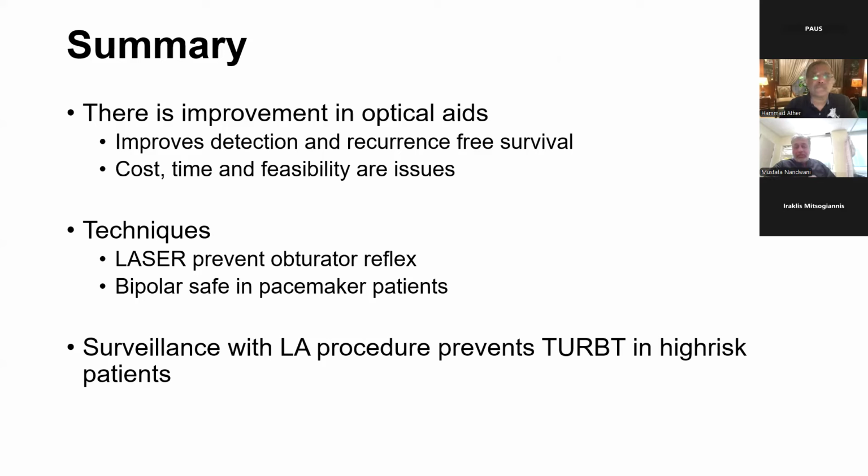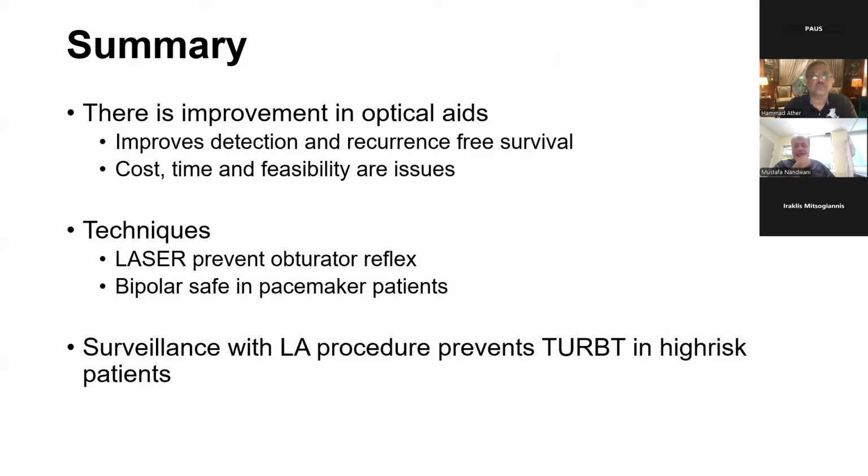You have seen that in open surgeries, when the abdominal muscles are diathermized, they twitch, so the same phenomenon happens. Bipolar is safe in pacemaker patients where required, and these techniques are used for ablation as well.